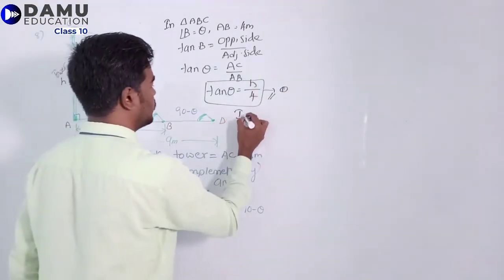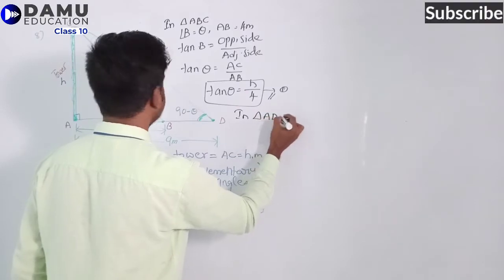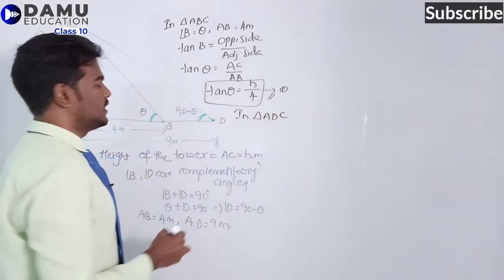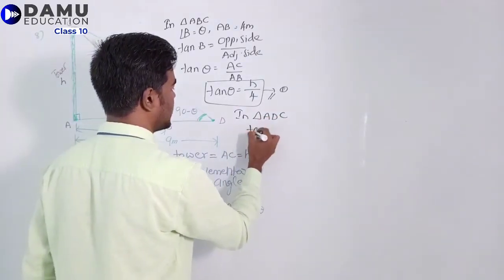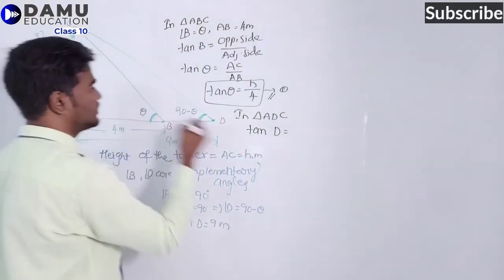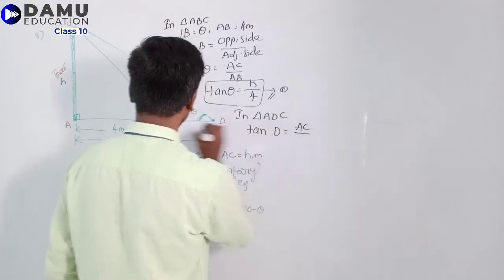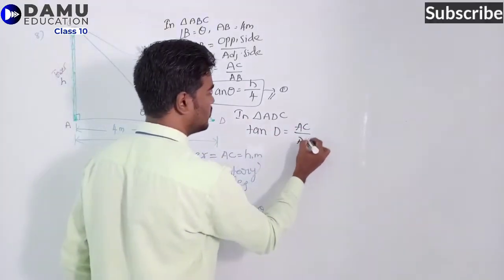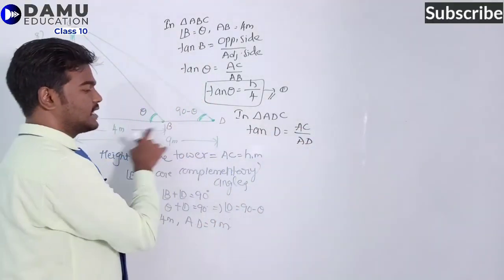Then in triangle ADC, tan D equals the opposite side over the adjacent side, that is AC by AD, and AD is 9 meters.